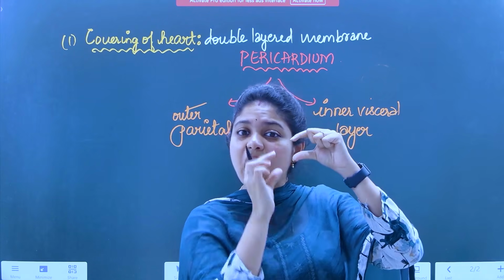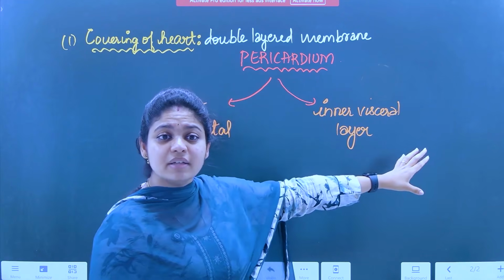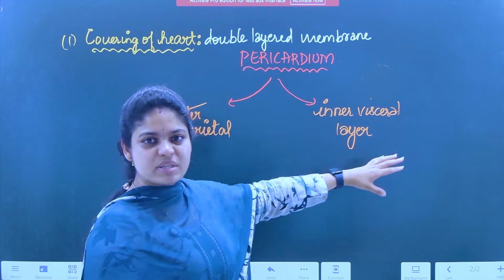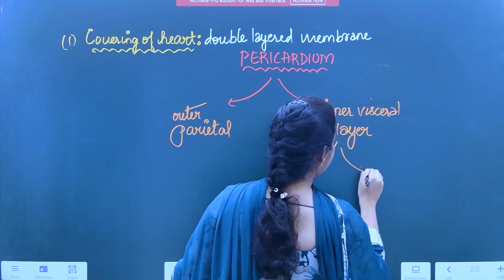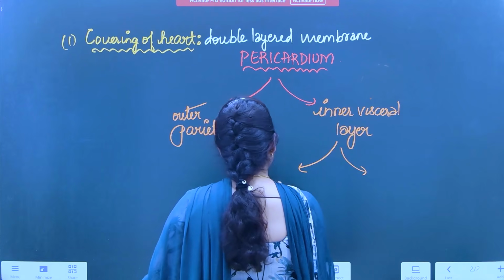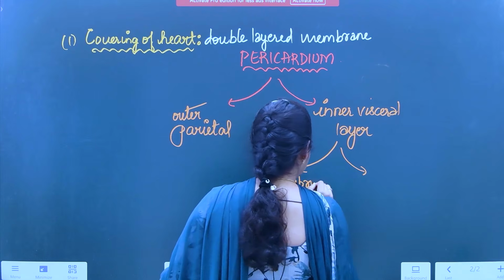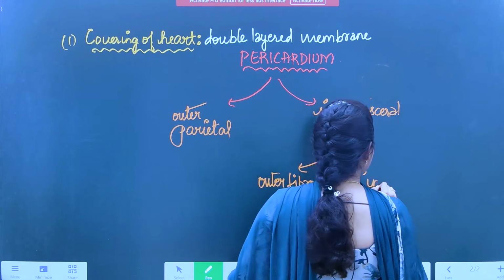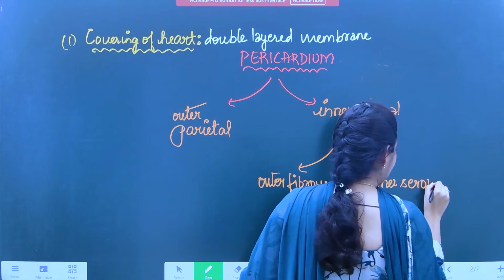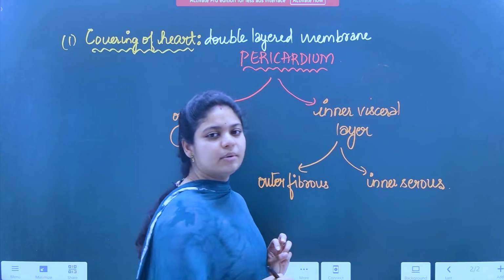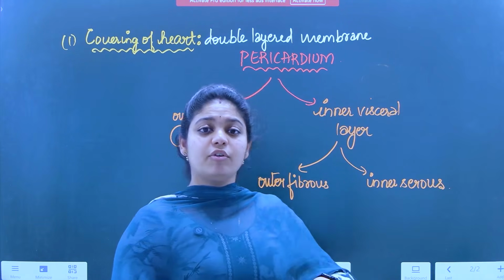The outer layer is called the outer parietal layer, and the inner layer is called the inner visceral layer. This inner visceral layer is again having two layers. What are the two layers? Outer fibrous and inner serous layer, which are actually fused.